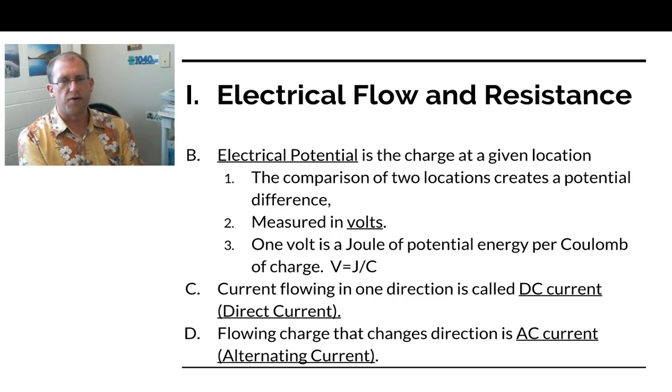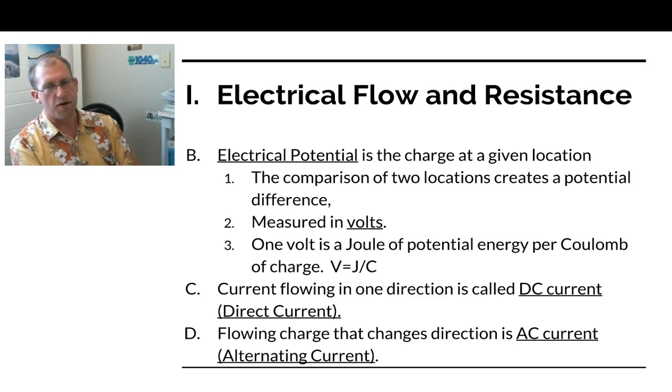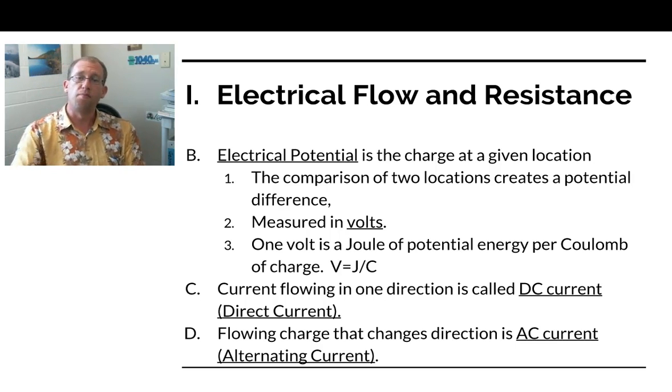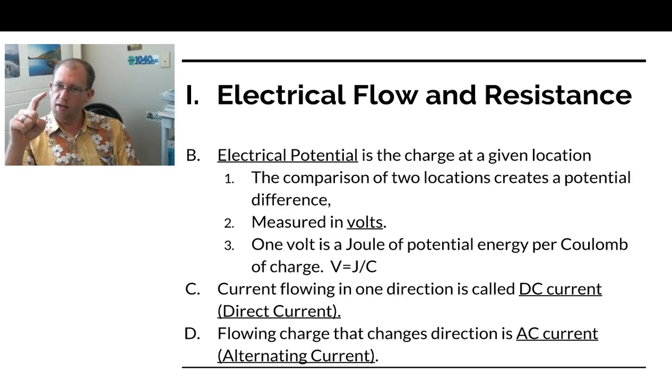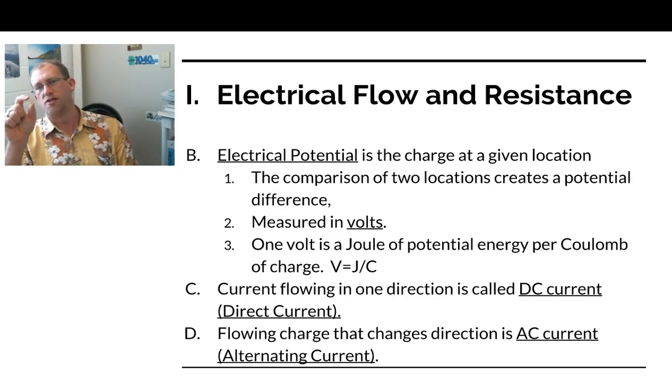So when you say that a battery is a 1.5 volt battery, you're not talking about the number of coulombs of charge on one electrode. You're talking about the difference in charge between the two electrodes. A voltage is a charge separation, a difference, a subtraction problem, right? And the answer is in volts.